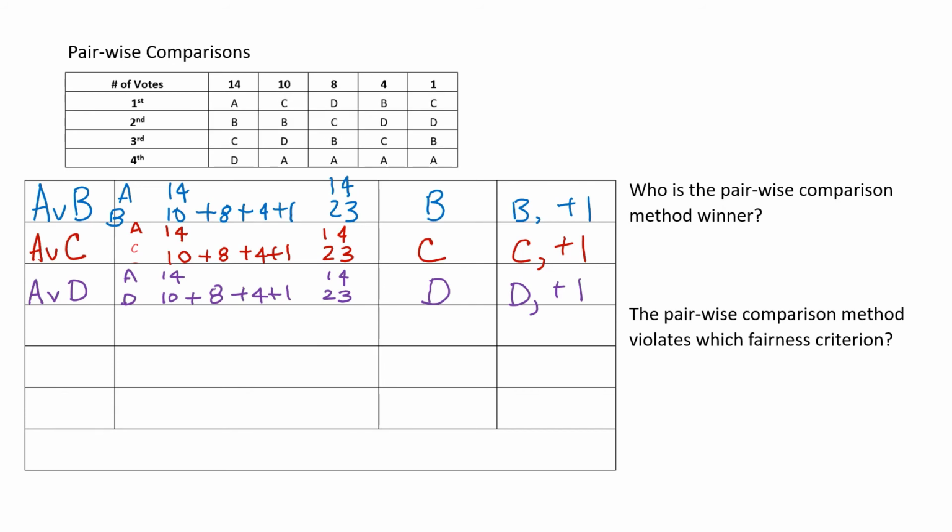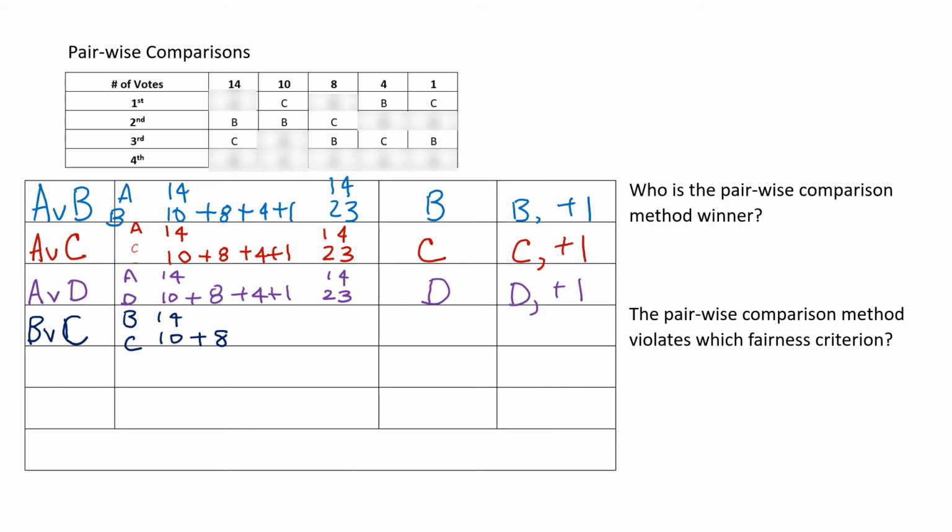Let's go to B versus C. We've got B against C. On the first ballot, B is above C, so B gets 14. On the second ballot, C is above B, so C gets the 10 points. On the third ballot, C is still above B, so C gets the 8 points.